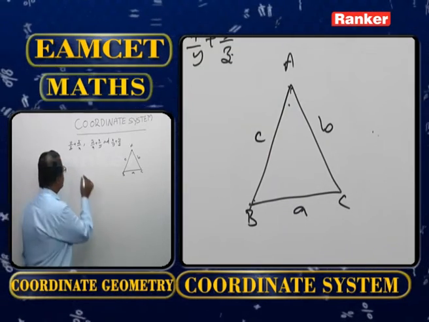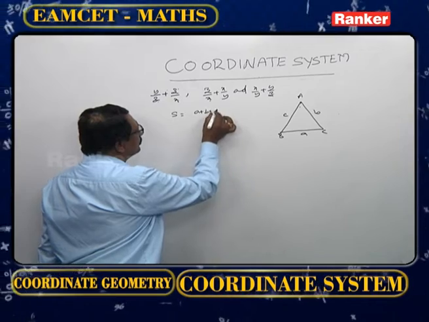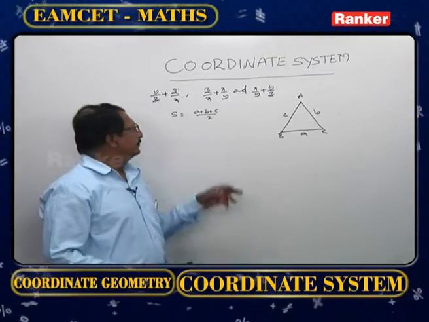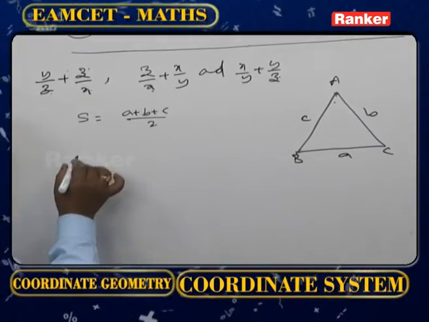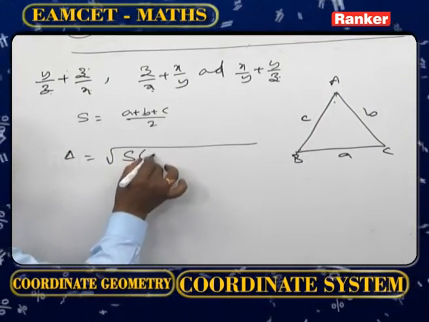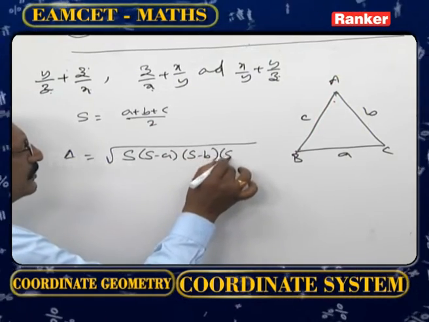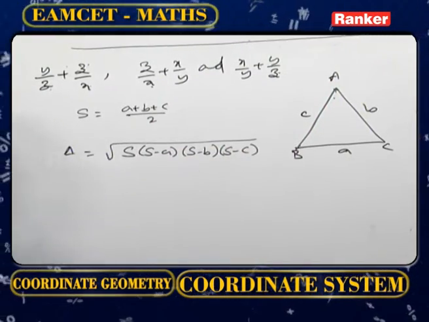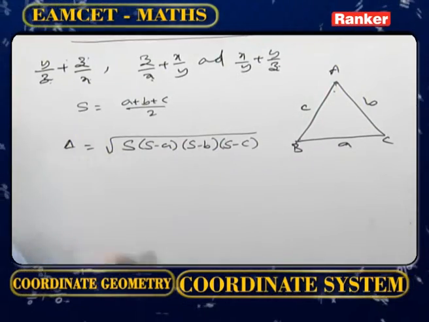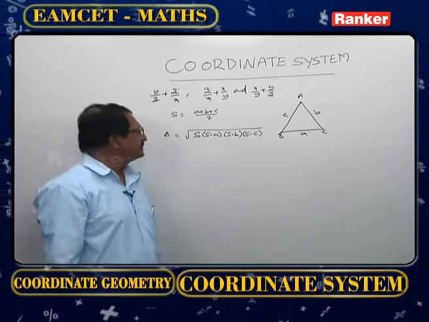Now S equals (a plus b plus c) by 2. The area of the triangle, if the lengths of the sides are given, delta equals square root of S into (S minus a) into (S minus b) into (S minus c).